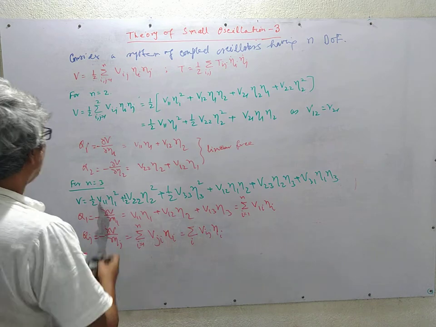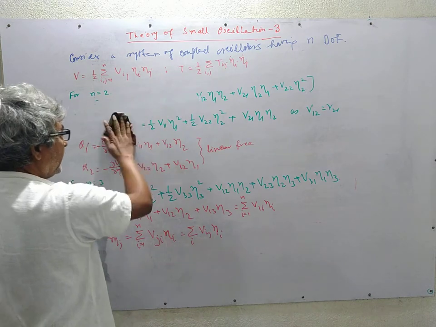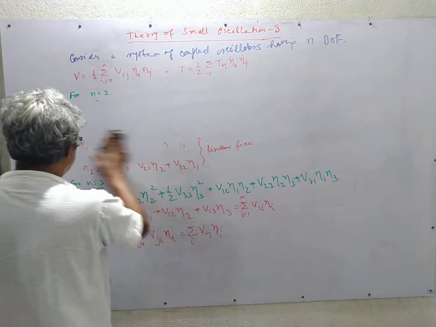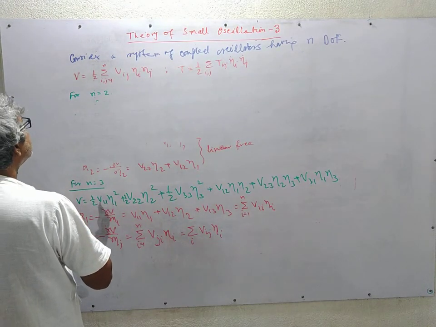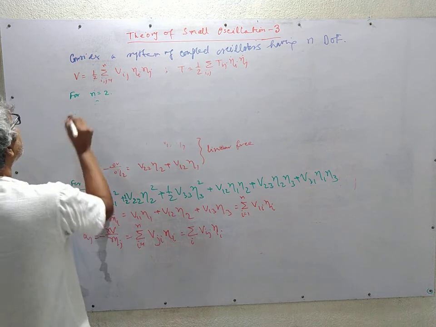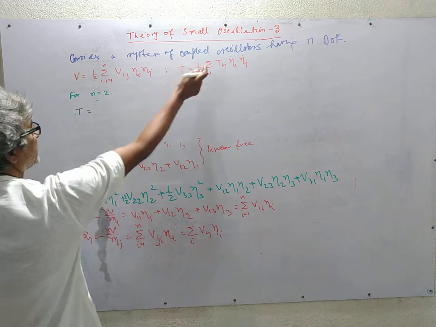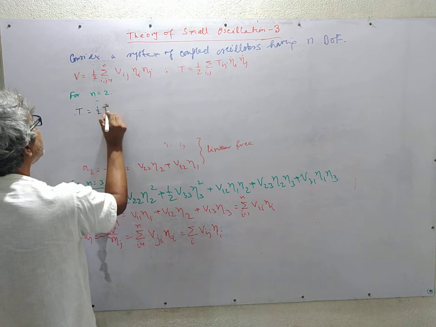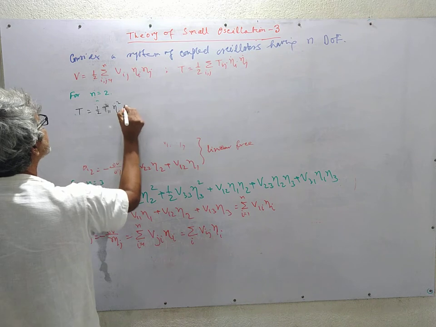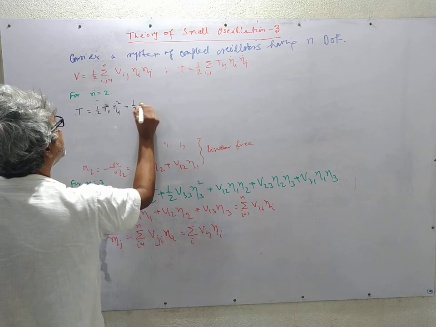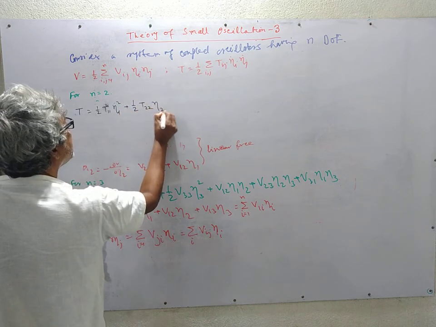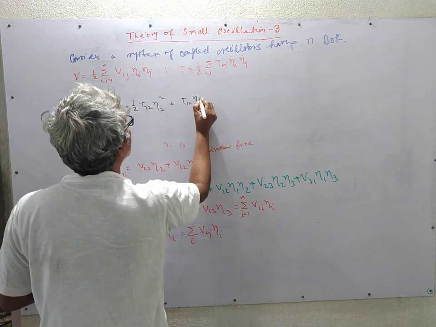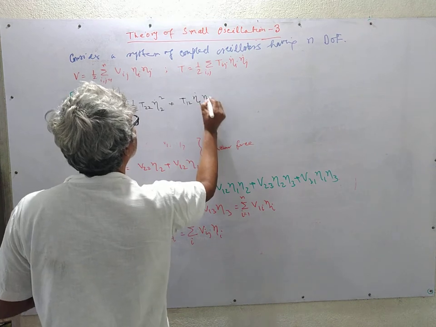So the expression for kinetic energy becomes T is equal to half T11 eta 1 dot square plus half T22 eta 2 dot square plus T12 eta 1 dot eta 2 dot.